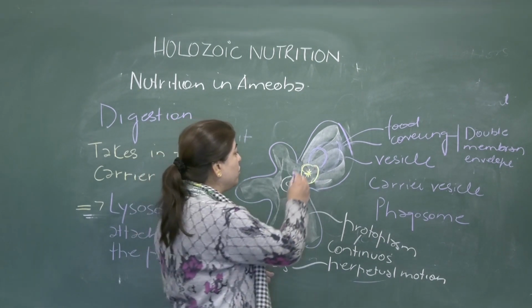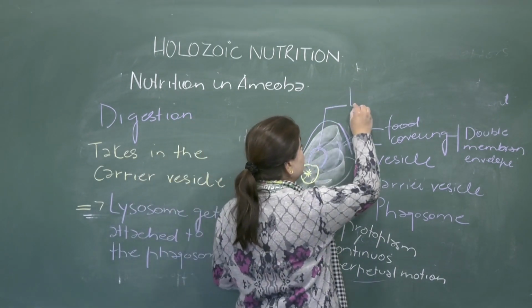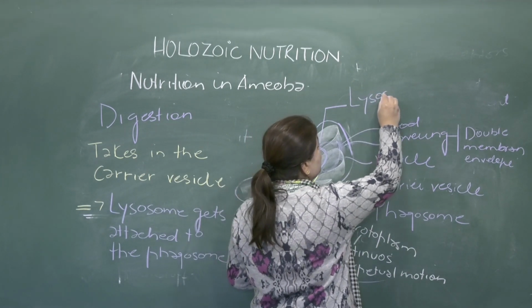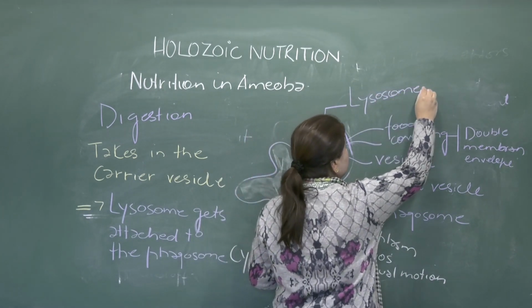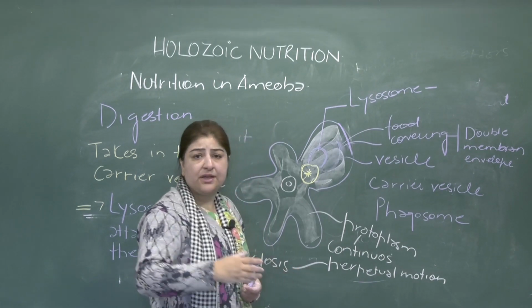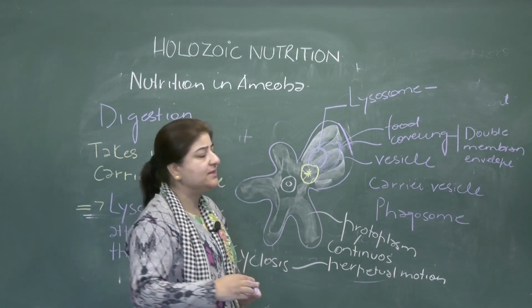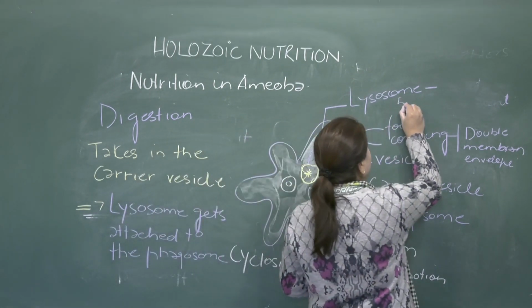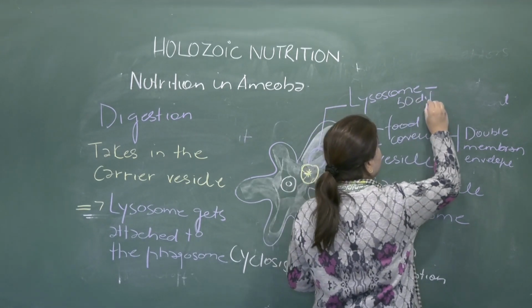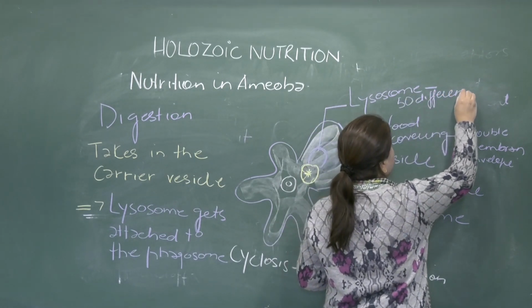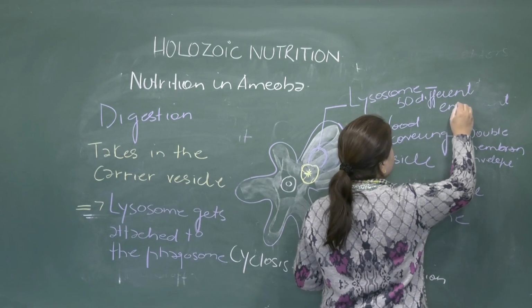Now firstly we should know what this lysosome contains. This lysosome basically contains 50 different types of enzymes.